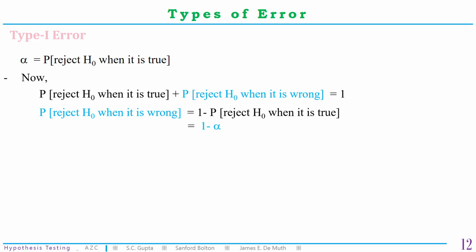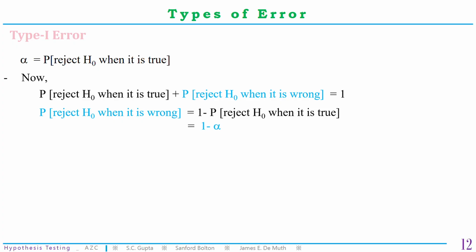The probability of reject null hypothesis when it is wrong is equal to 1 minus the probability of reject null hypothesis when it is true. So, the probability of reject null hypothesis when it is wrong is equal to 1 minus alpha.